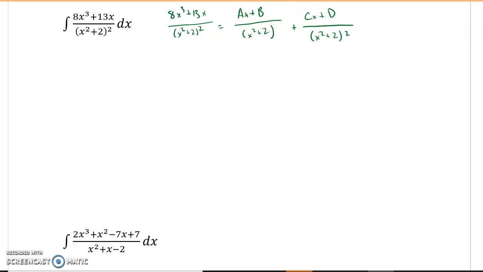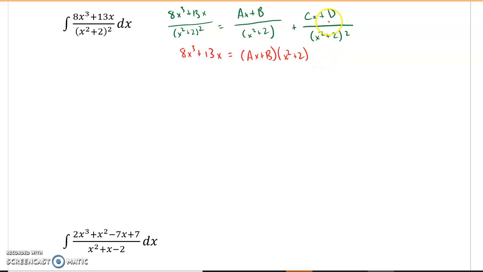So we need an ax plus b, and this is going to be a cx plus d. So when we defractionize this, multiply by the common denominator of (x squared plus 2) squared, we get 8x cubed plus 13x equals (x squared plus 2) cancels out with one of the (x squared plus 2)'s, but the other (x squared plus 2) gets multiplied by the ax plus b.